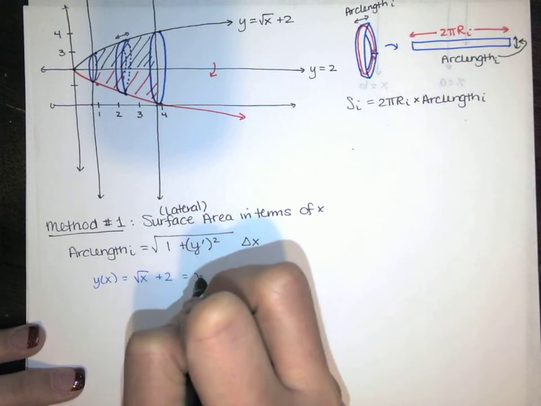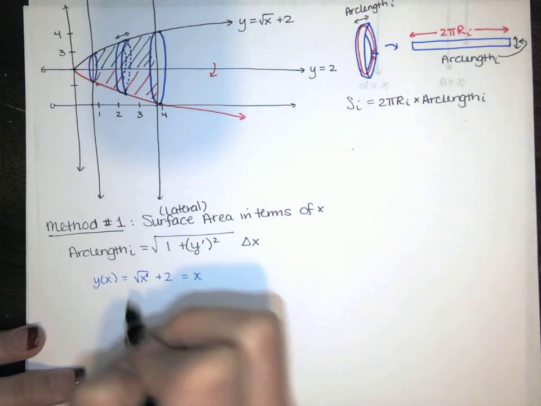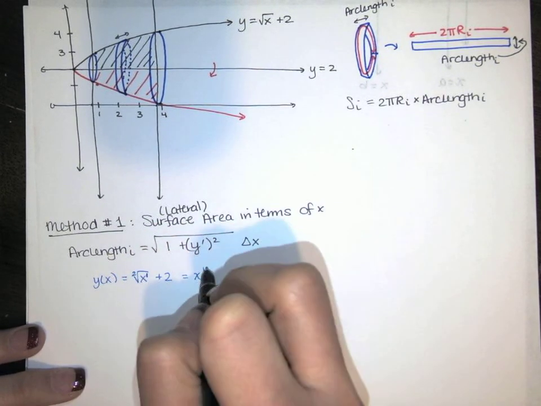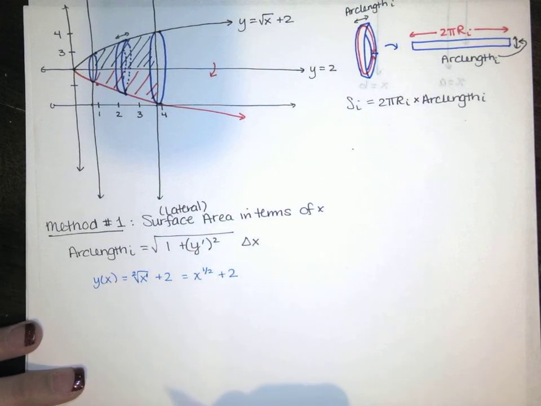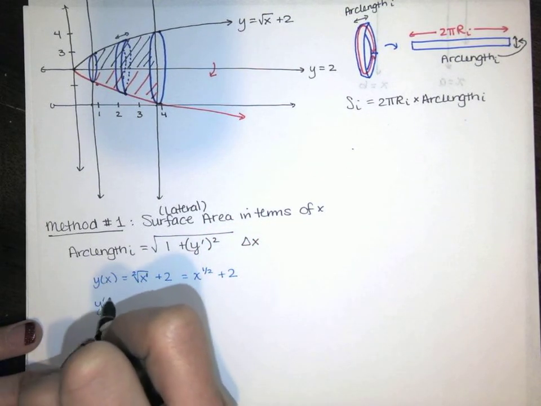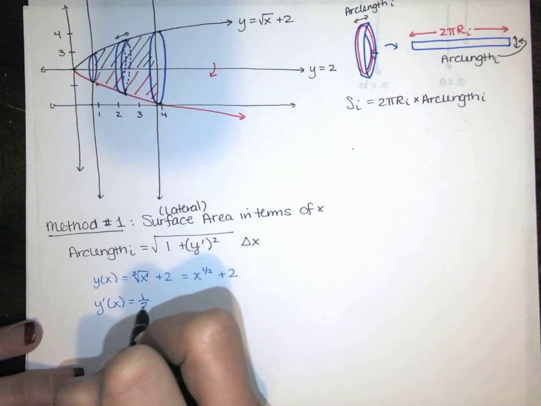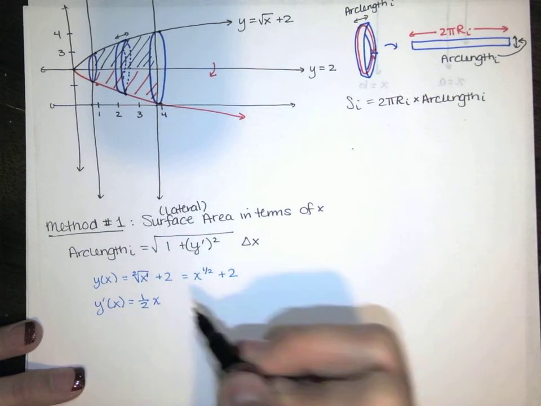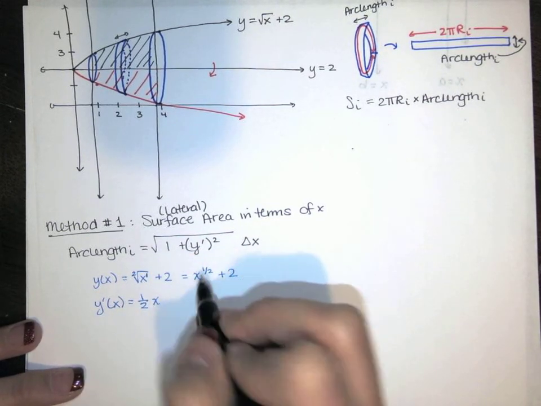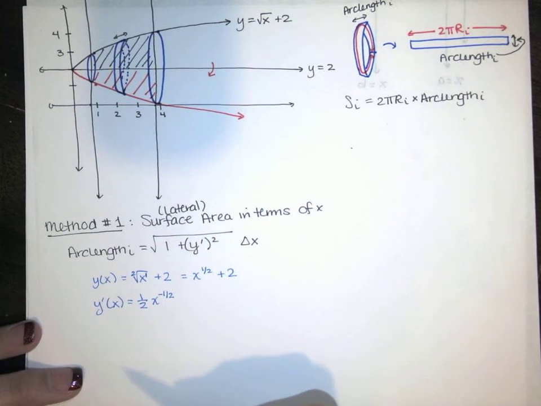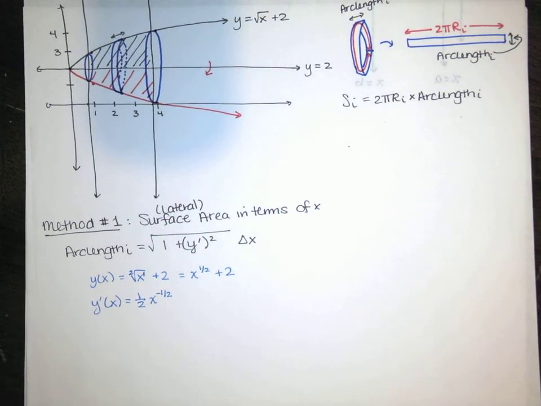To take the derivative of that, I'm going to rewrite that as x to the 1/2. Now we'll take its derivative just using the power rule. Derivative of x to some power is that power times x to the 1 less power. And 1/2 minus 1 is negative 1/2. Derivative of 2 is 0. So that's our y prime.